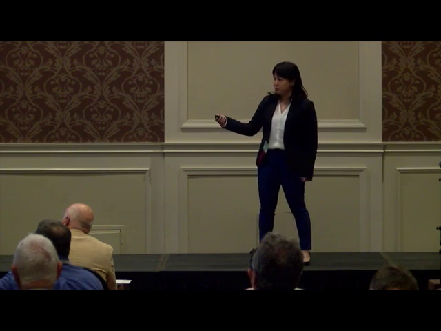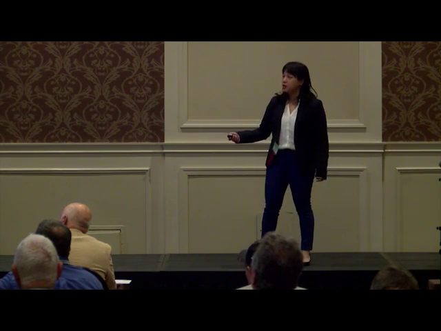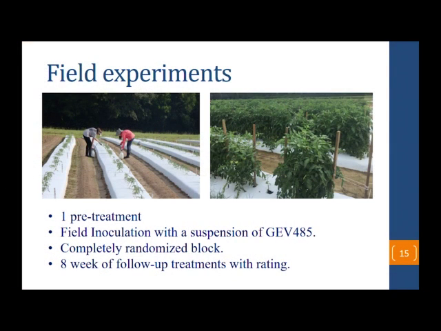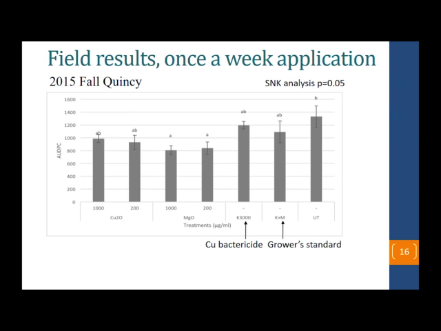So in the field experiment, we treat the field 1 time before we inoculate with the copper tolerant strain of Xanthomonas perforans. Then we do a completely randomized block, and we have 8 weeks of follow-up treatment with rating of disease severity, and then we calculate the area under the disease progress curve. I'm showing you the first field trial we've done.